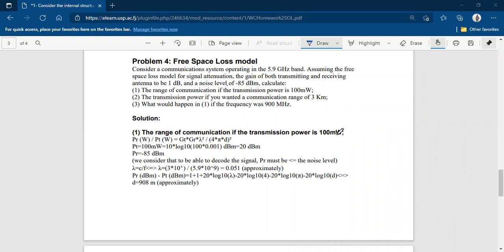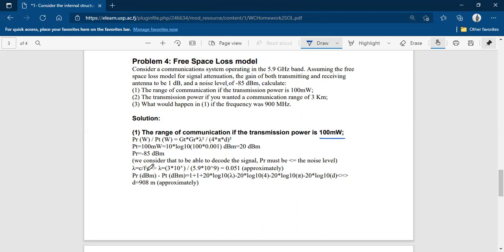Taking 10 log base 10 of 100 times 0.001 gives us our dBm value. So we get a dBm value of 20 in this case.